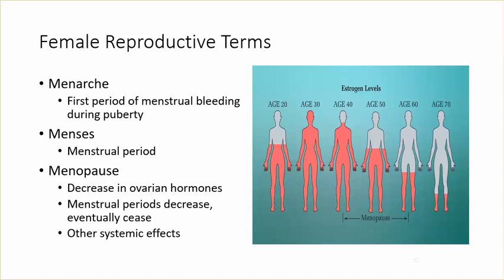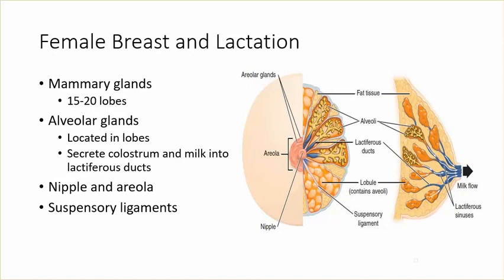Now, at the same time all this is going on, one of the secondary characteristics is breasts. The mammary glands really are modified sweat glands, and they're mostly fat. Most of the time, they're simply decorative.